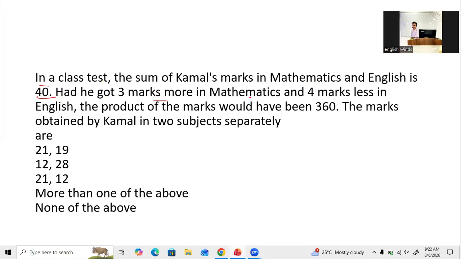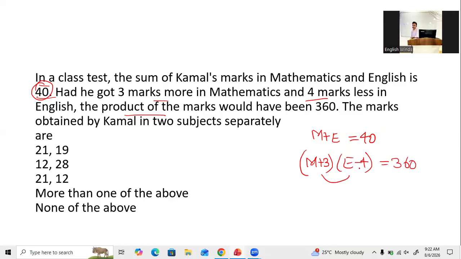Had he got 3 marks more in mathematics and 4 marks less in English, the product of the marks would be 360. That is what they want us to check.